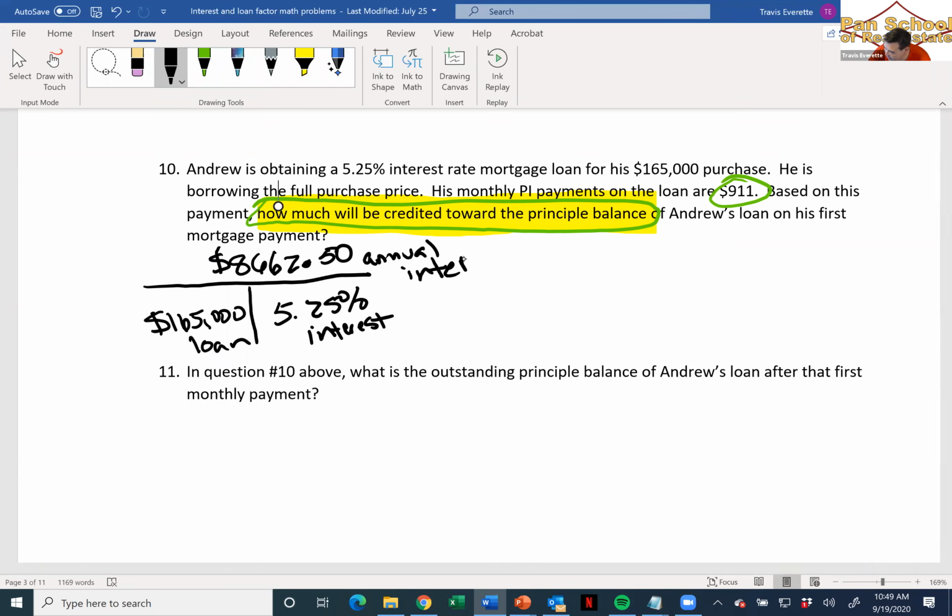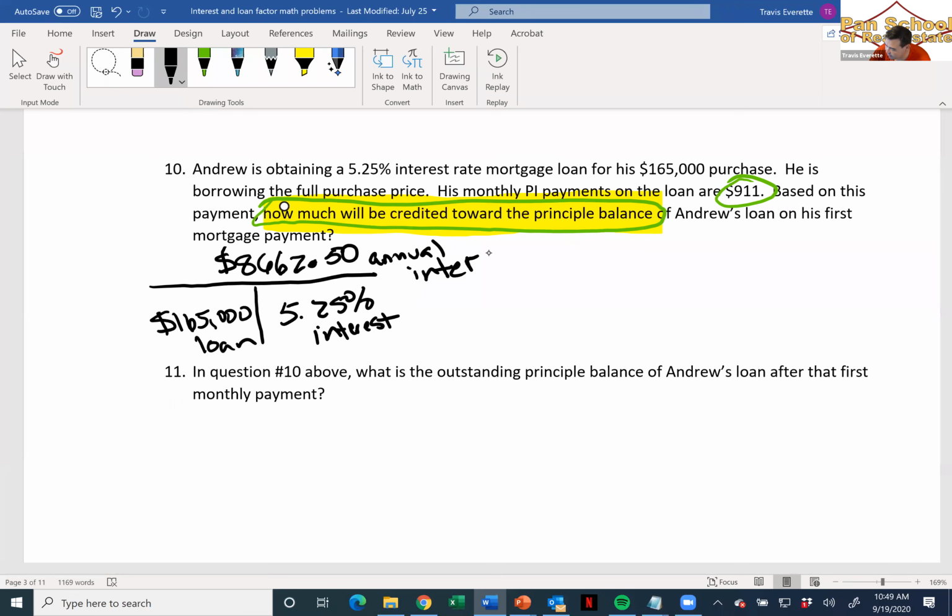Because if I write down that that's annual interest, I don't know why my computer's so weird. Apparently it doesn't want to write right there. I'll write somewhere else. Once I know that's annual, can I break that down into monthly?